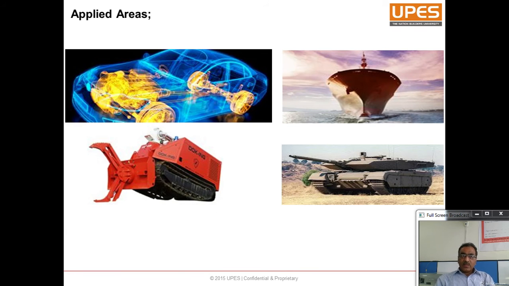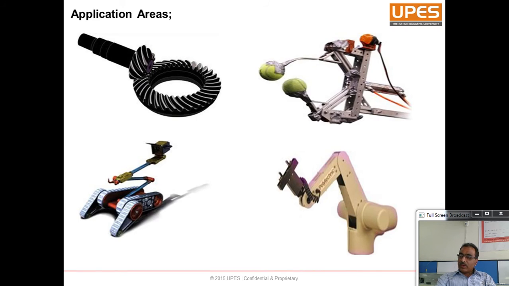Next, the applied areas. As I told you, the applied areas include automotive engineering, heavy engineering, boiler manufacturing, gear manufacturing, and then robot manufacturing.